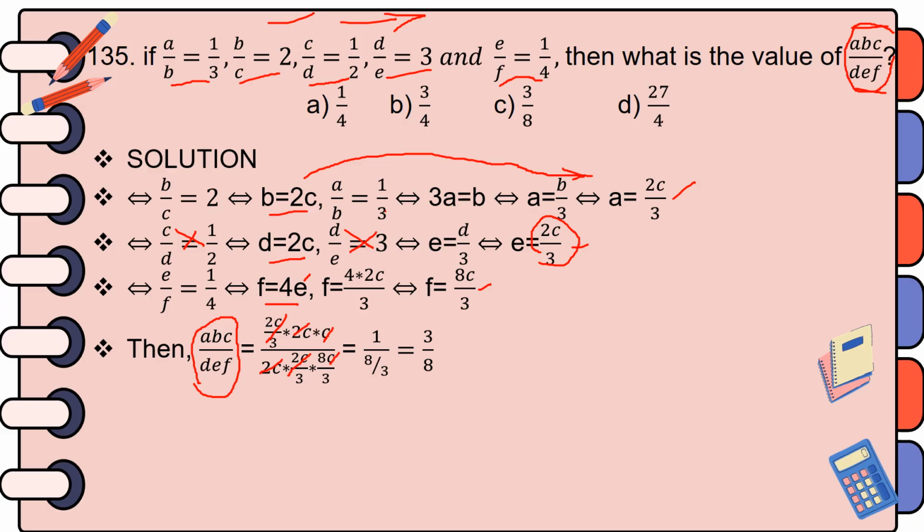And from the denominator, you get 8 over 3. So you have 1 over 8 over 3. And by the division rule, 1 over 8 over 3 means 3 over 8. So your answer for this question is choice C.